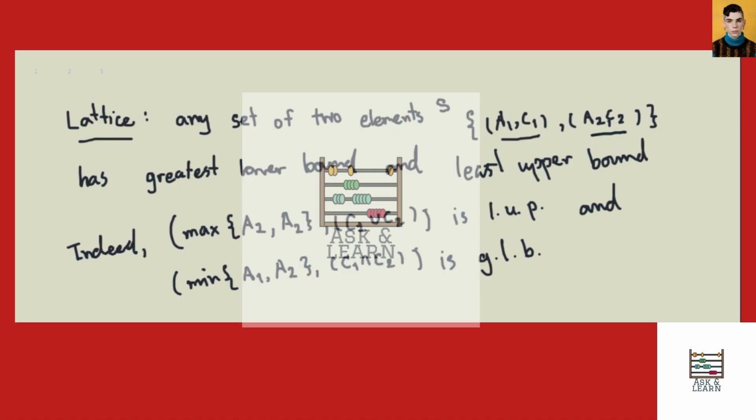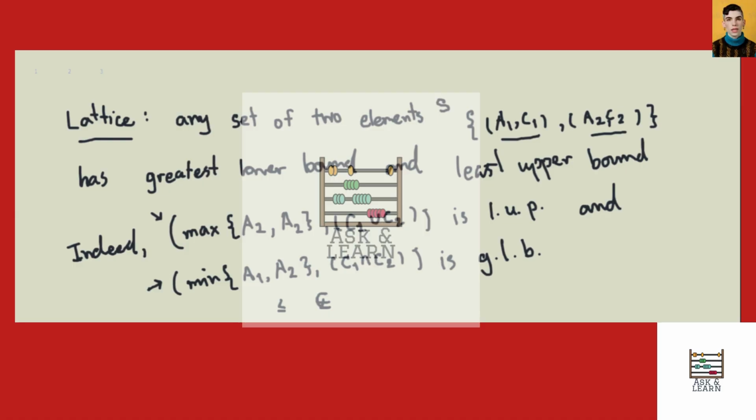So the proof is just that you can find the actual bound, for both lower bound and upper bound, from the elements given, because the relation is quite simple, right? It's less than or equal to and being a subset. And when you find it, you just claim that it is the least upper bound or greatest lower bound, and show that it is the case.